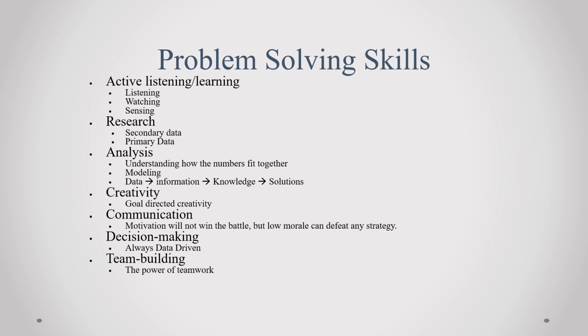And so when we do research, there are two types of research that we always want to think about. One, of course, is identifying secondary data, which is data that someone else has collected and that you can generally use for your own benefit. Another type of data is considered to be primary data, where I have to go out and collect the data myself.